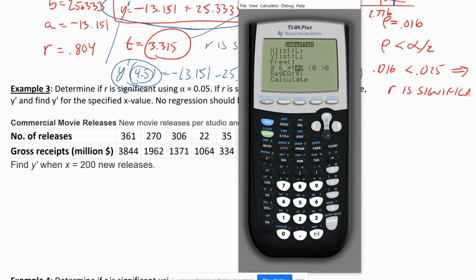And so in this case, we'll go ahead and calculate, and it gives us the t-value if we want to use the t method. It also gives us p, which is 0.0017, and that is less than alpha. So that's all we need to say that this is a good fit.